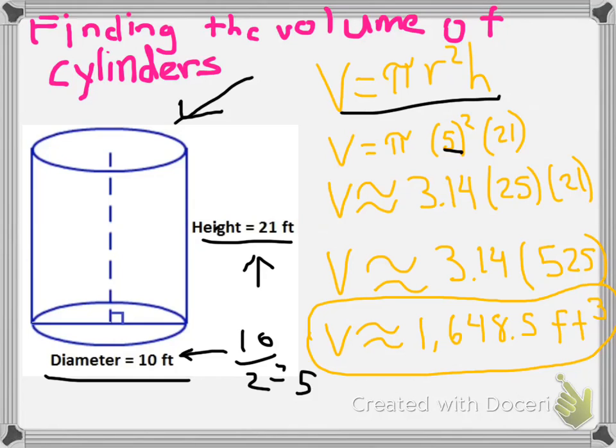So volume is approximately equal to, make sure you put approximately because we rounded the pi, 3.14 times 25 times 21. And then volume is approximately equal to 3.14 times 525. Then volume is approximately equal to 1,648.5 feet cubed. So that's the answer.